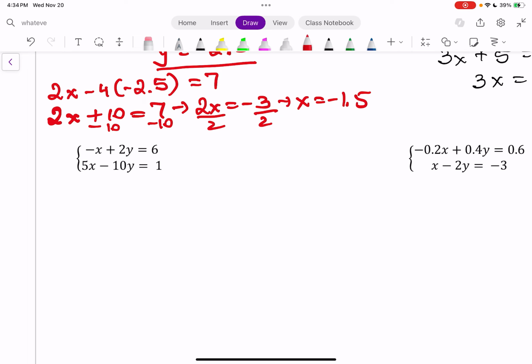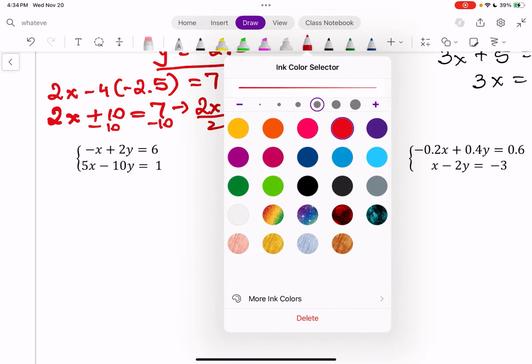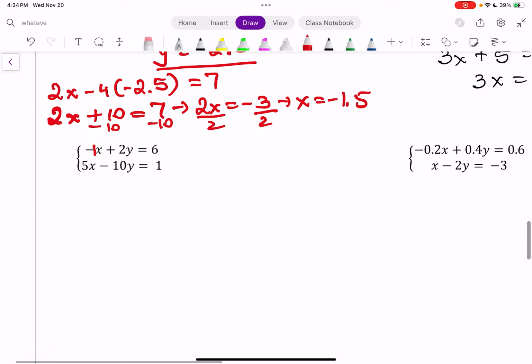Okay, so this equation, if I look at it, I immediately see that, again, as I said, 1 goes into 5. So if I just multiply the top equation by 5, I will get exactly to where I want. So a common multiple for 1 and 5 is 5.